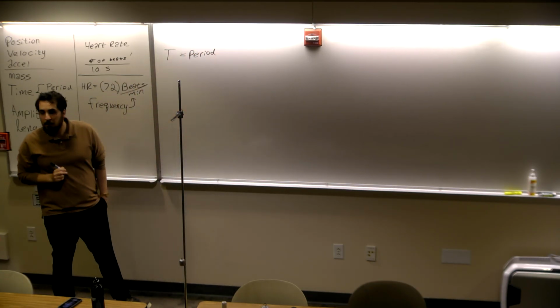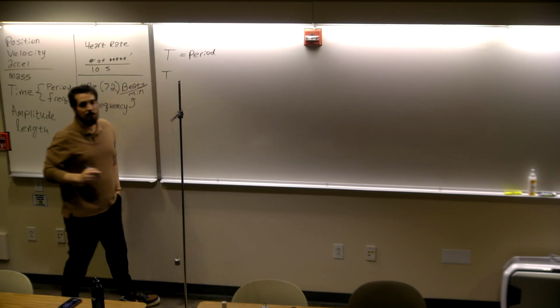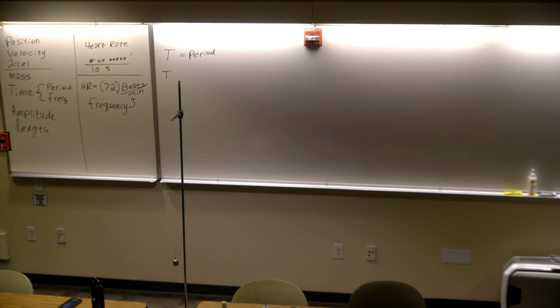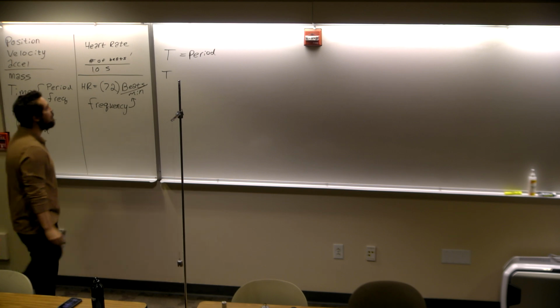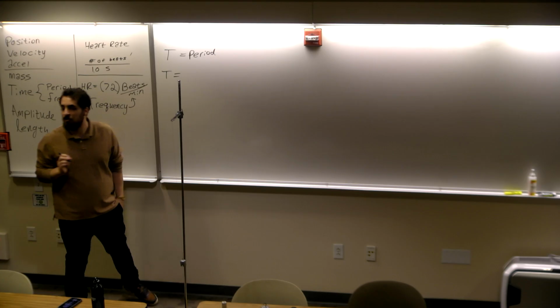And how do you calculate a period? Well, we could grab a stopwatch, wait for a heartbeat to happen, start the timer when one heartbeat starts, end it when the next heartbeat happens. But that's going to be an incredibly short period of time, hard to measure. So instead, what we're going to do is use the frequency measurement we just took.